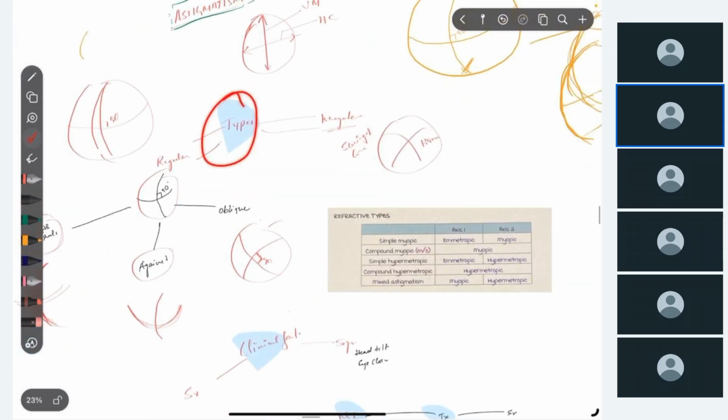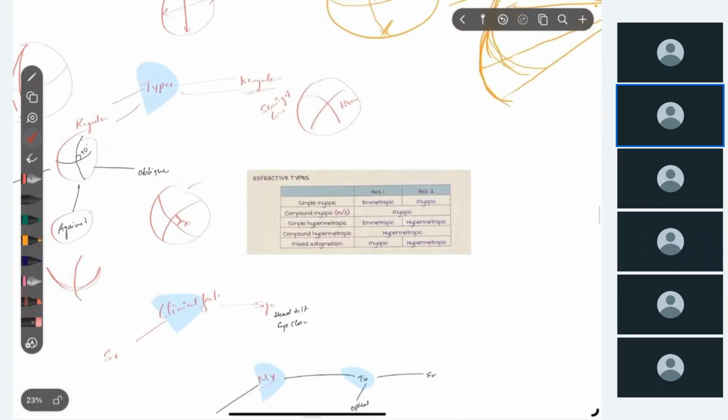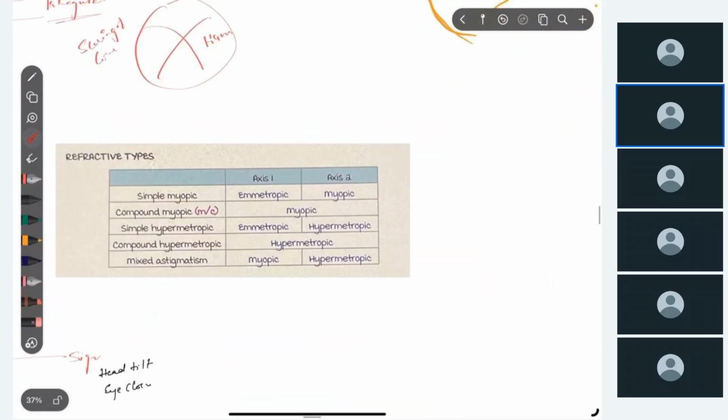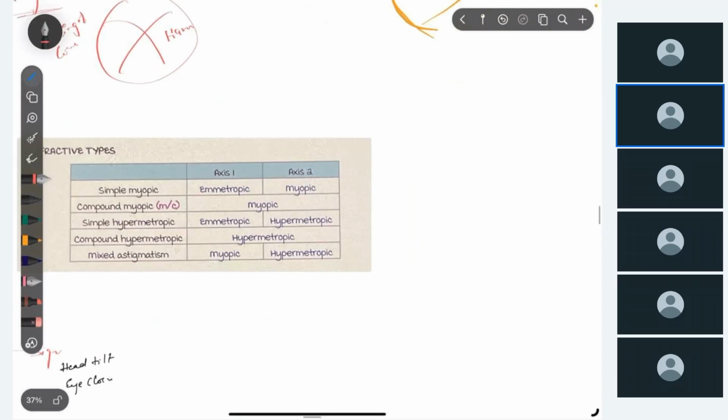You can also divide astigmatism based on the type of refractive error they produce. That is, you have two axes, right? If the curvature of one axis becomes too much, then it will become myopic, and the other can remain as it is. That is, axis 1 is emmetropic, axis 2 has become myopic. This is called simple myopic astigmatism. If both of them become myopic, you call it compound myopic astigmatism.